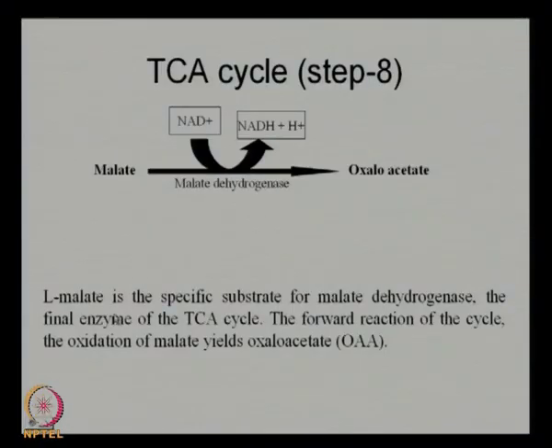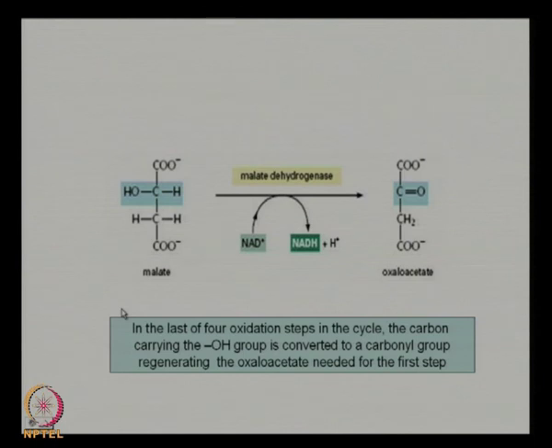If we see this reaction, in the presence of malate dehydrogenase, in the last of the 4 oxidation steps in this cycle, the carbon carrying the hydroxyl group is converted to the carbonyl group, regenerating the oxaloacetate needed for the first step of this reaction, and this is once again the 4 carbon compound.